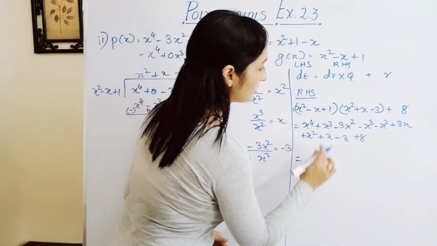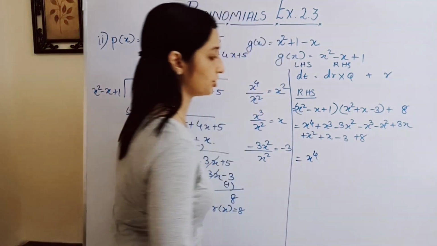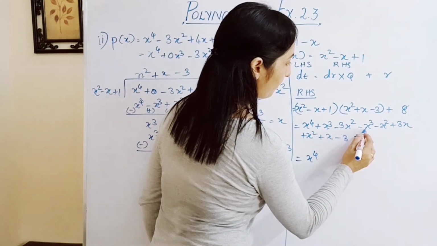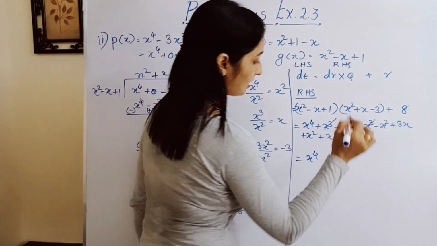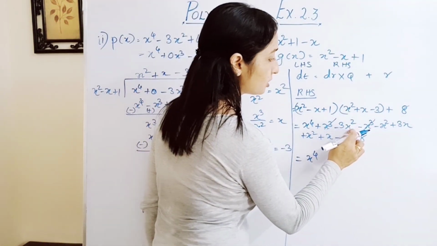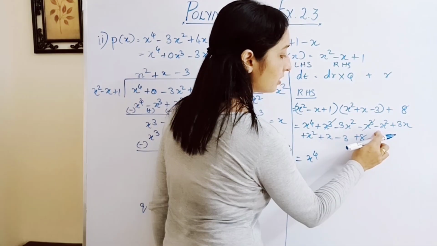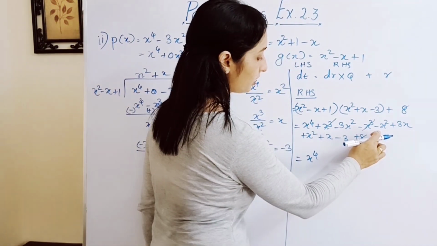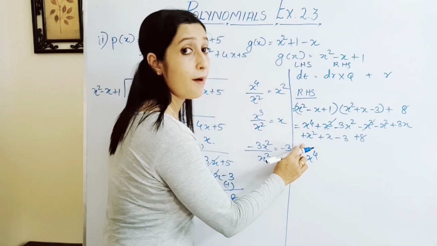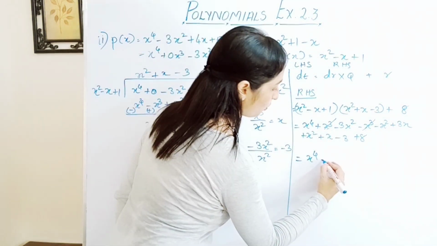That is x raised to 4, I write it as such. Now which are the x cube terms? x cube minus x cube. This gets cancelled. Then x square terms, minus 3x square minus x square becomes minus 4x square. Now minus 4x square plus x square becomes minus 3x square.